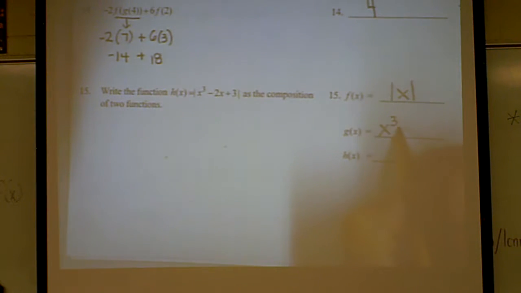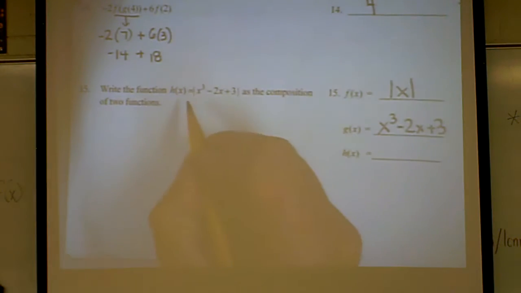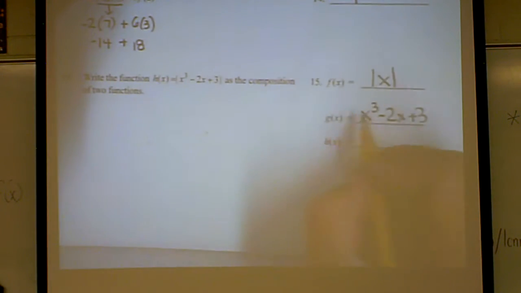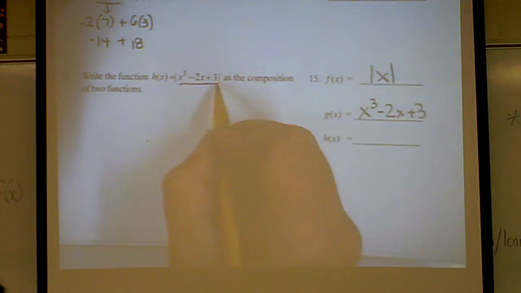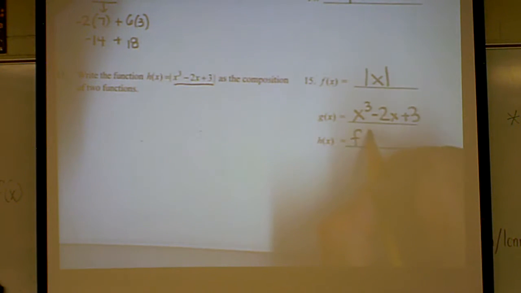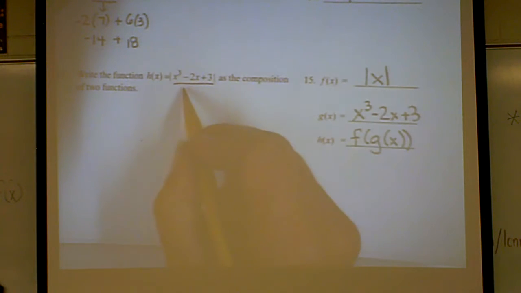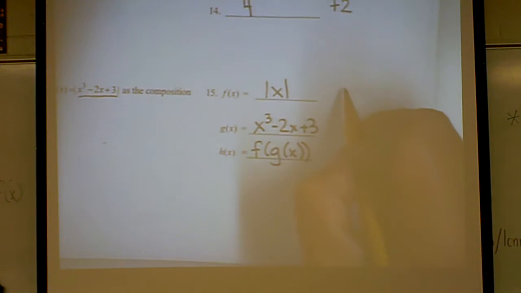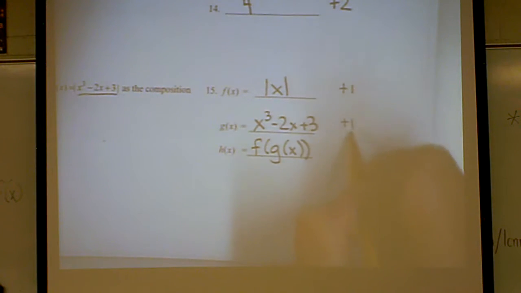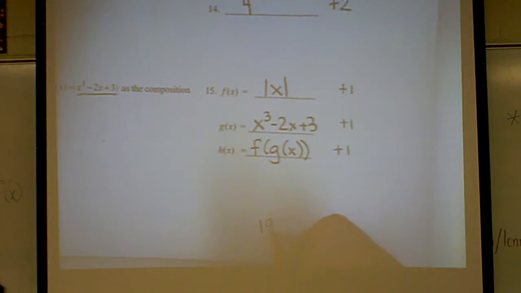So x cubed minus 2x plus 3. So in other words, to get h of x, if you took the composition of what you just wrote in this order, so if we took g of x and plugged it in here, we would get h of x, our original function. I gave 1 point for each of these, a total of 3. This page was worth 19 points.